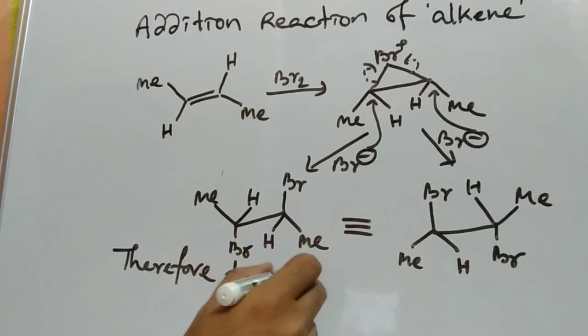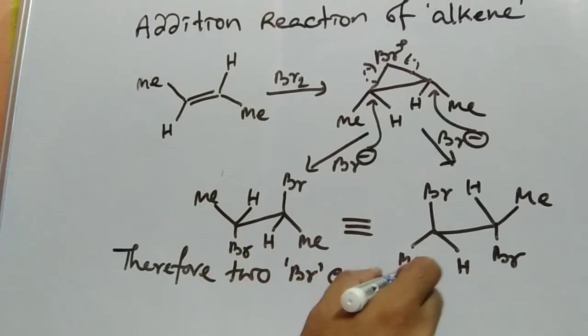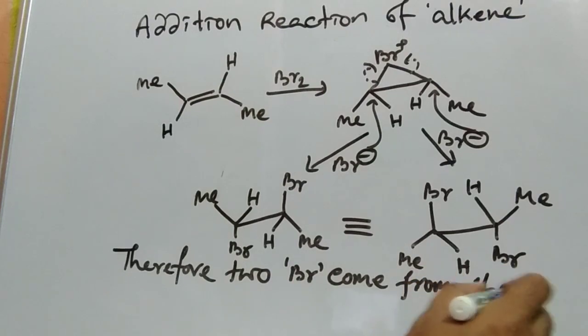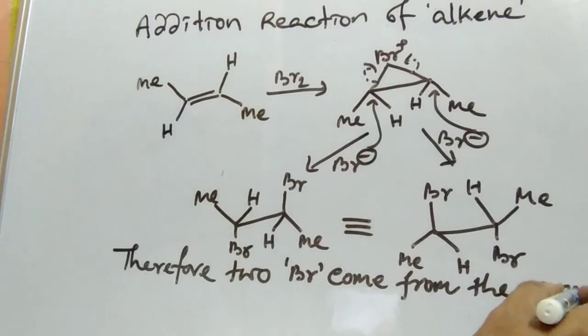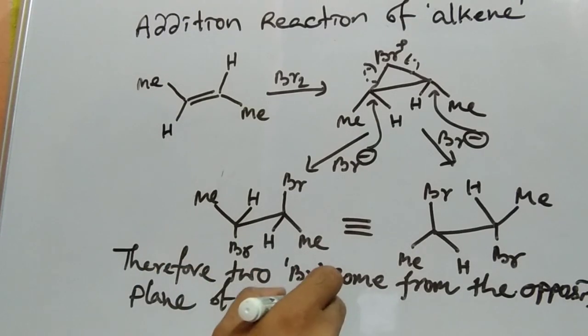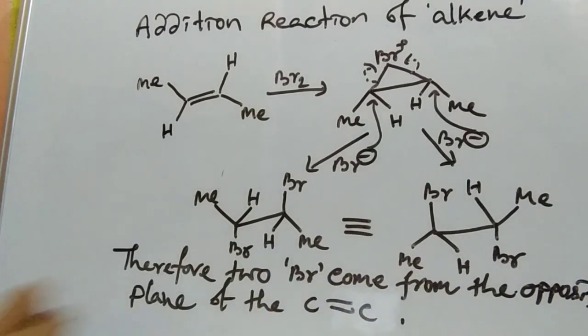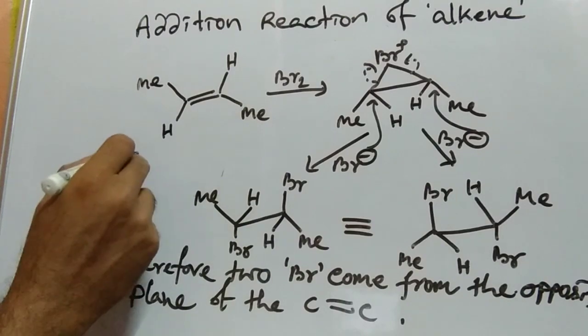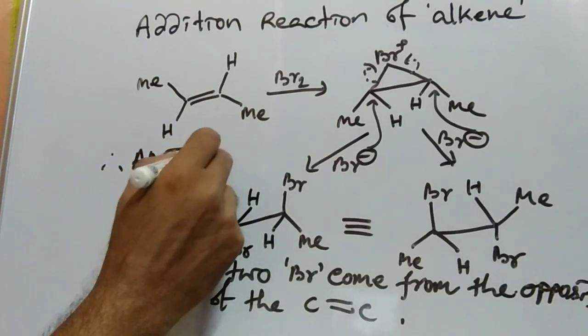These observations are explainable by a pathway in which one end of a bromine molecule becomes positively polarized through electron repulsion by the pi electrons of the alkene, thereby forming a pi complex.